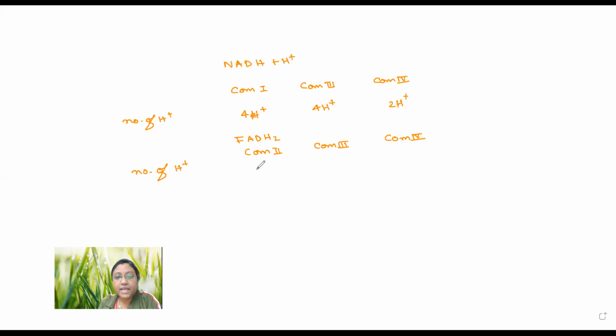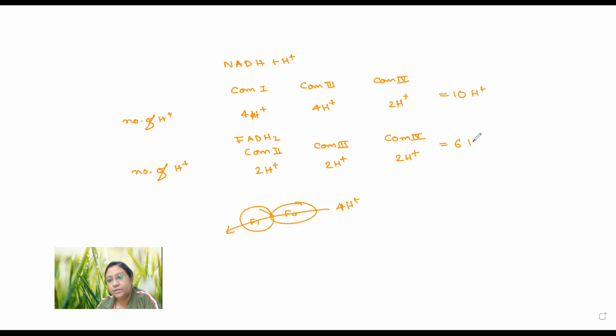So it can pass 2 proton each from complex to complex, and by F0 F1 subunit, every time during transport 4 protons are transported. So here it will be 10 proton and here it will be 6 proton.